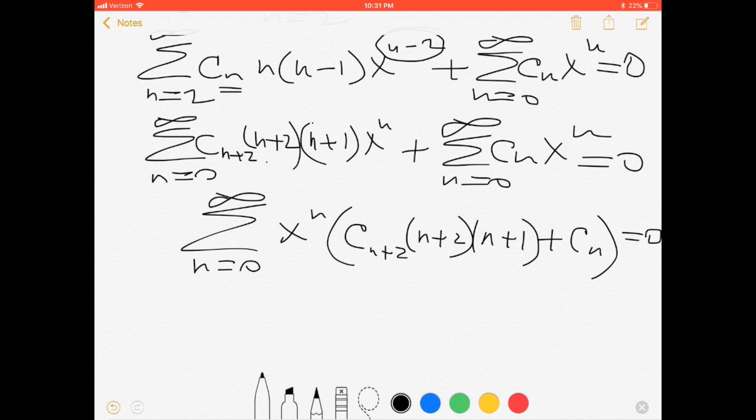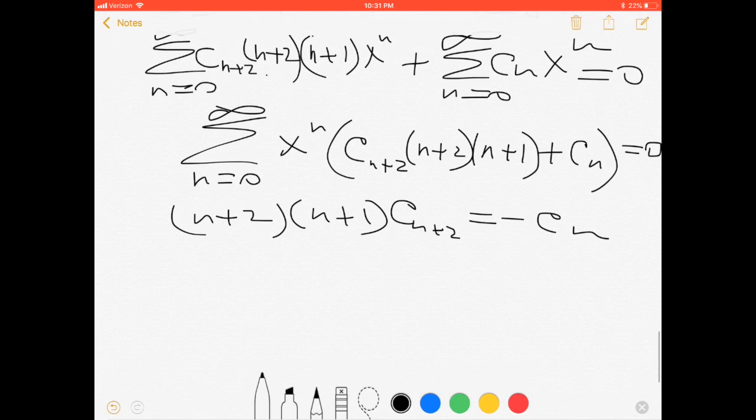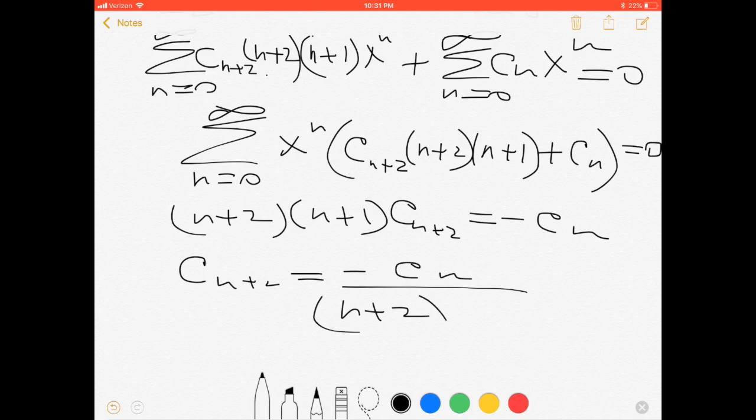Okay, what do we have? n plus 2 times n plus 1, c index n plus 2, equals negative cn. This means c n plus 2 equals minus cn over n plus 2, n plus 1.